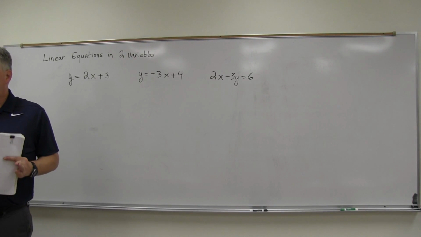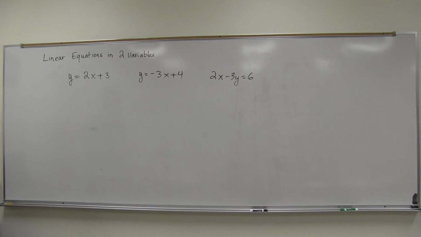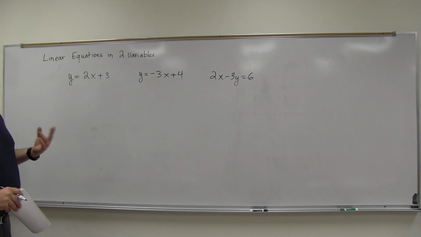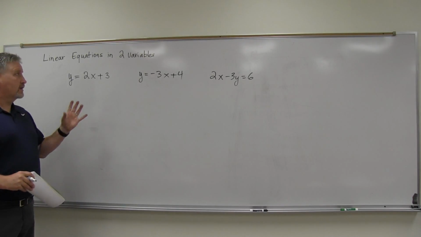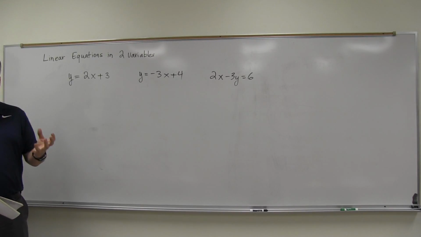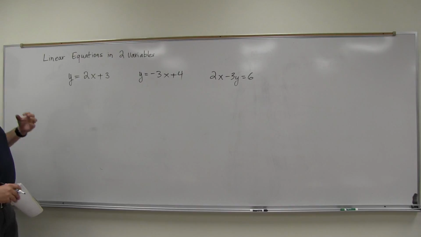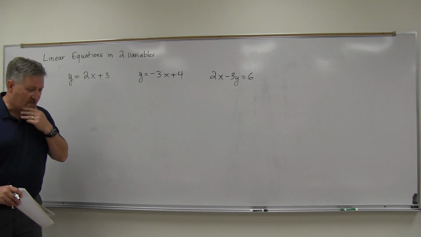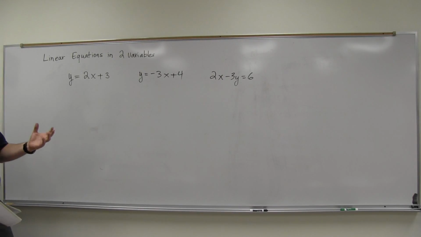So we've been talking mainly, I mean, some of the models we've done have had two variables, but a lot of times we are going to be talking about equations in two variables. And this is our next venture into that. It's linear equations in two variables.